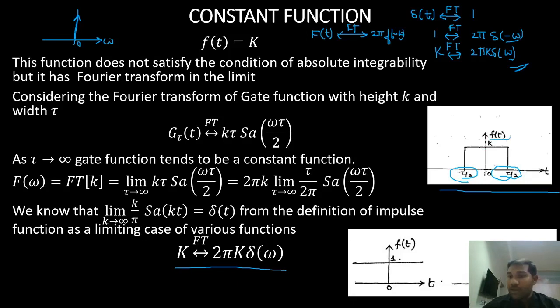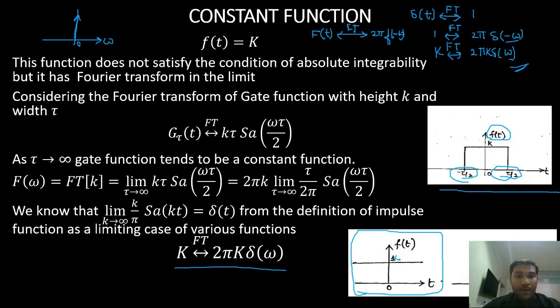So what happens to f of t? F of t can be approximated to this function here with amplitude k, at the bottom of the screen. So f of t becomes a constant function. So F of omega is nothing but the Fourier transform of the constant function k.